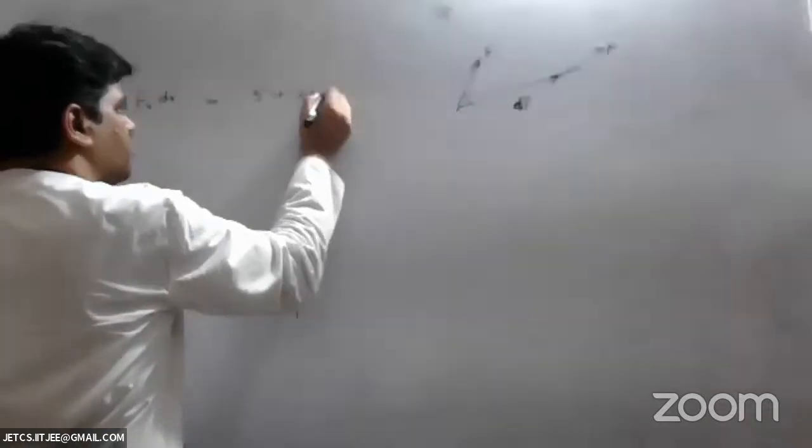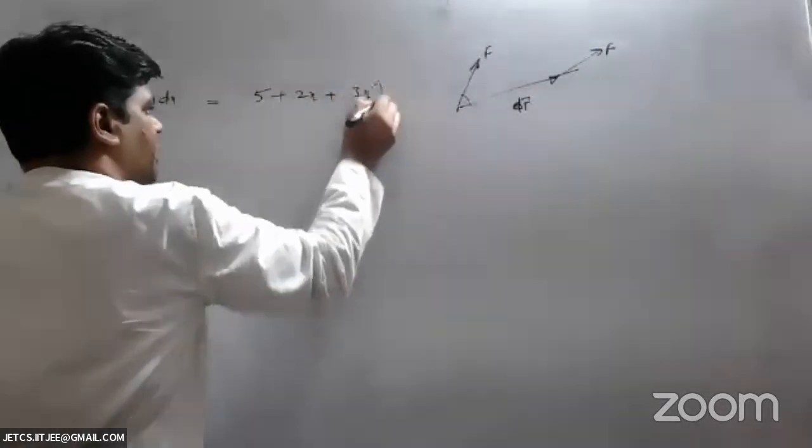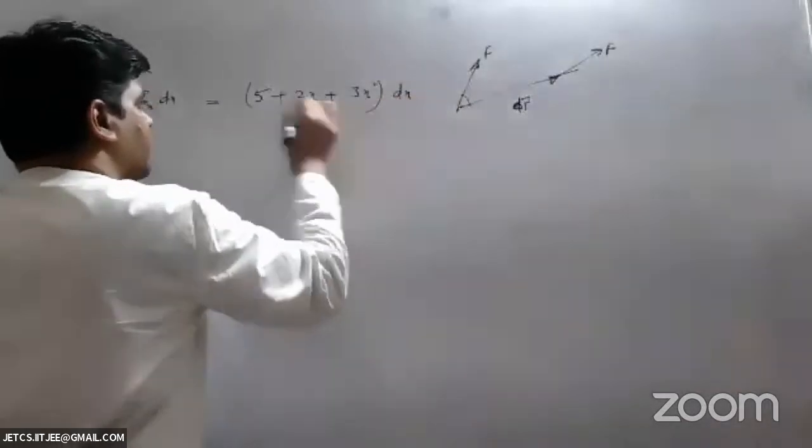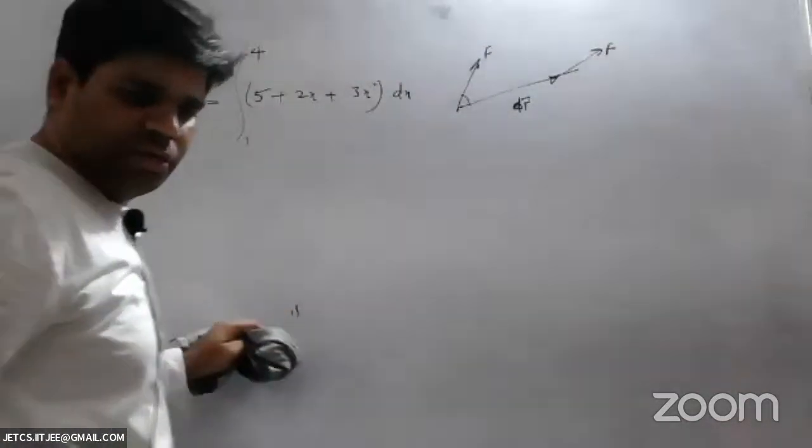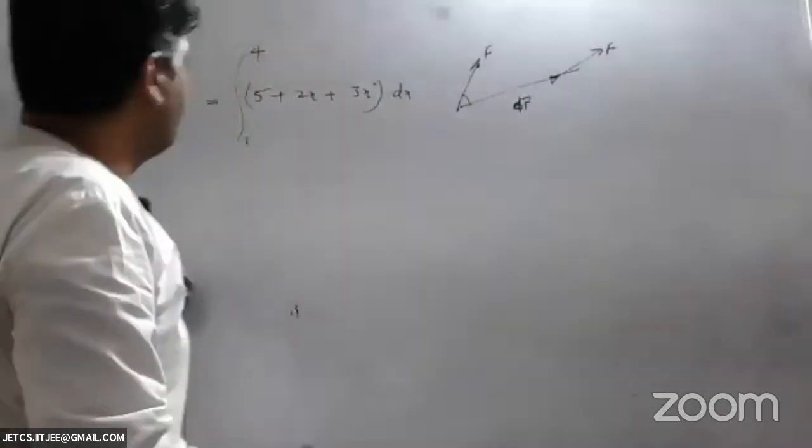So I integrate 5 plus 2x plus 3x square into dx, from 1 to 2.